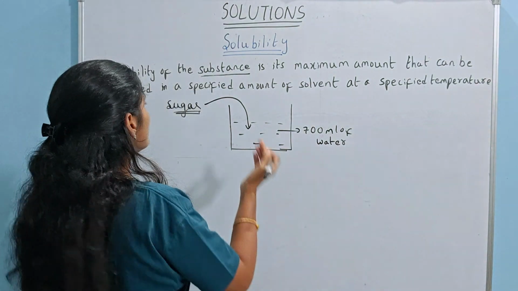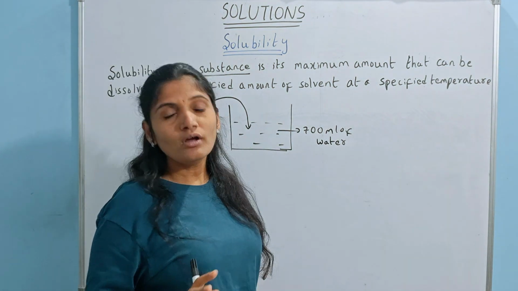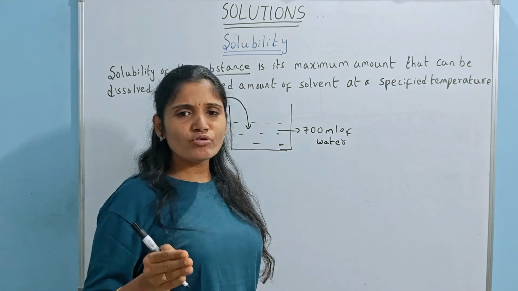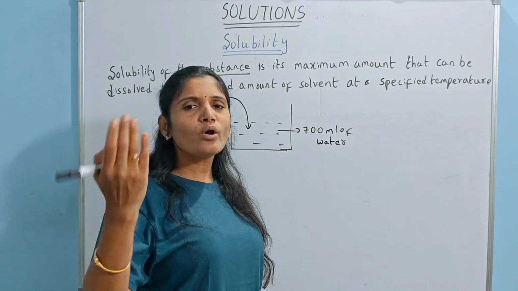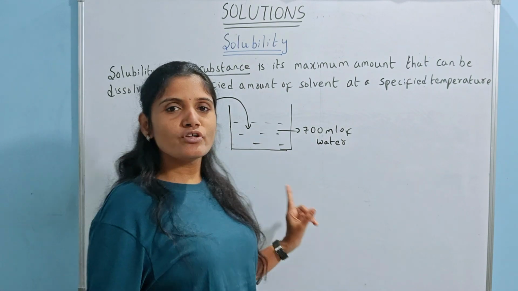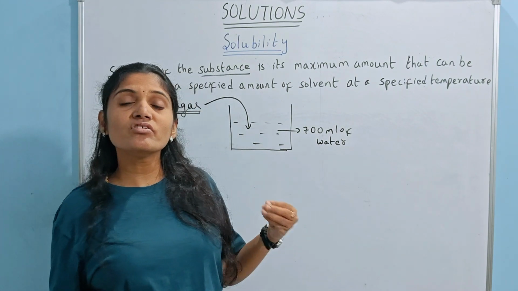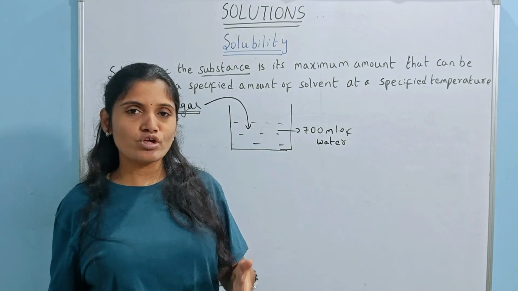Now what will happen? The sugar will get soluble in water. You keep on adding sugar, and at one particular point you cannot add further sugar into the water. It has reached a saturation point.